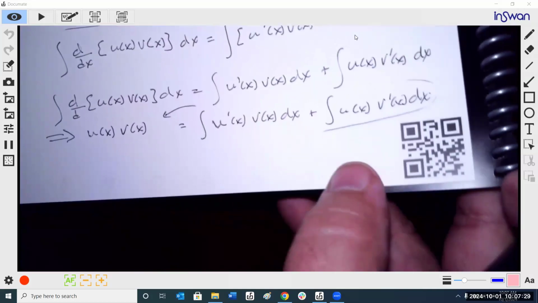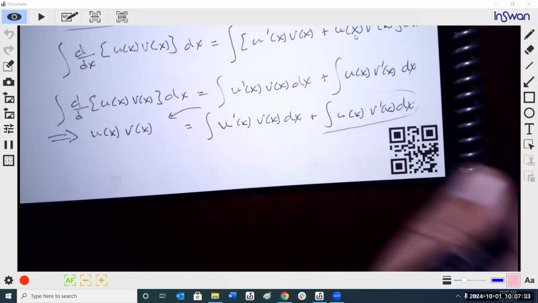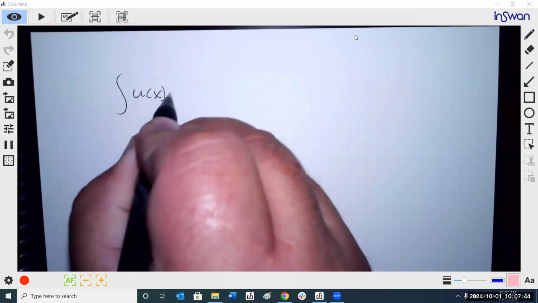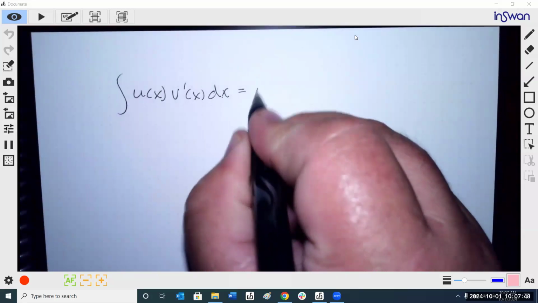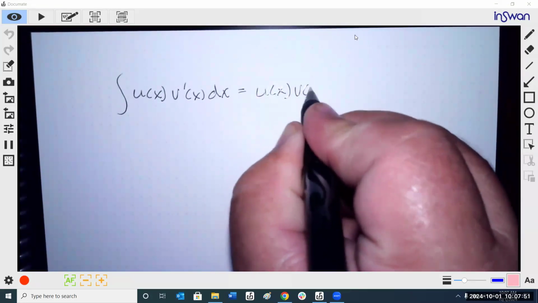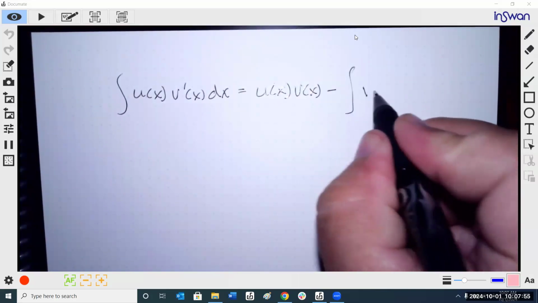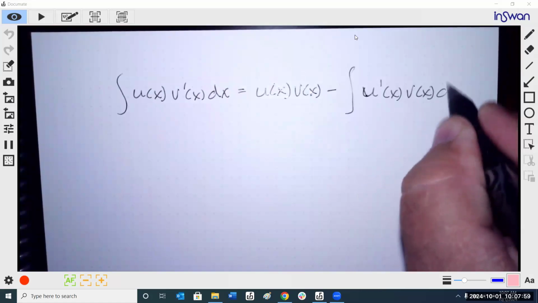So we have this side by itself equals this minus that. The integral of u of x v prime of x dx is equal to u of x v of x minus the integral of u prime of x v of x dx.